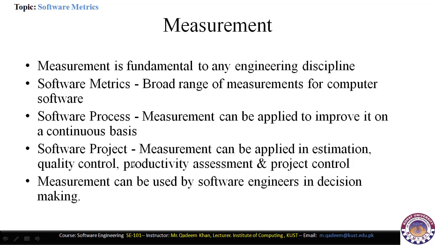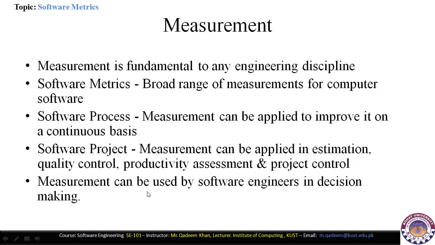Software project measurement can be applied in estimation, quality control, productivity assessment, and project control. If we have different outputs of every process activity, then at those particular outcomes we can perform certain measurements, and that is called software project measurement, and it can be used in engineering for decision making.